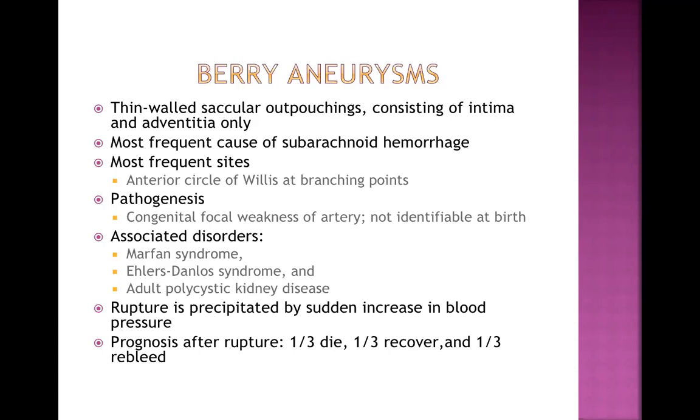Now remember that there are three layers in any blood vessel except capillary. Both vein as well as artery have three layers. The innermost layer is called tunica intima, the middle one tunica media, and the outer one tunica adventitia.